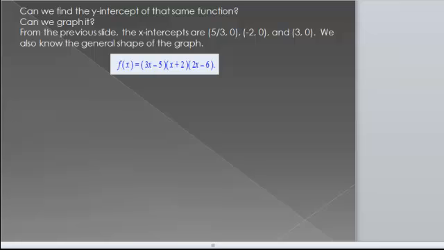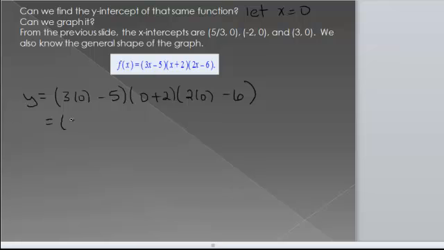Can we find the y-intercept of that same function? How do we find the y-intercept again? To find the y-intercept, you must let x equal 0. So to do that first step, y will be equal to 3 times 0 minus 5 times 0 plus 2 times 2 times 0 minus 6.